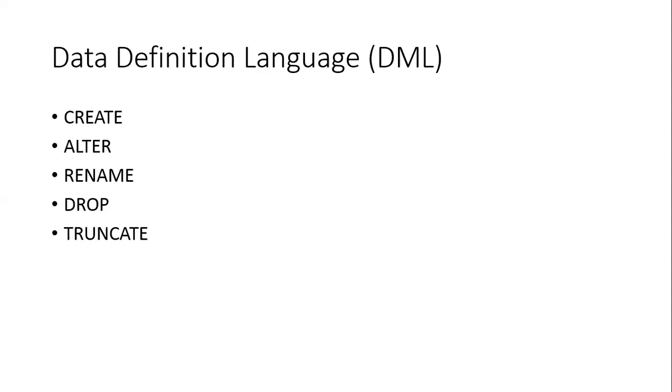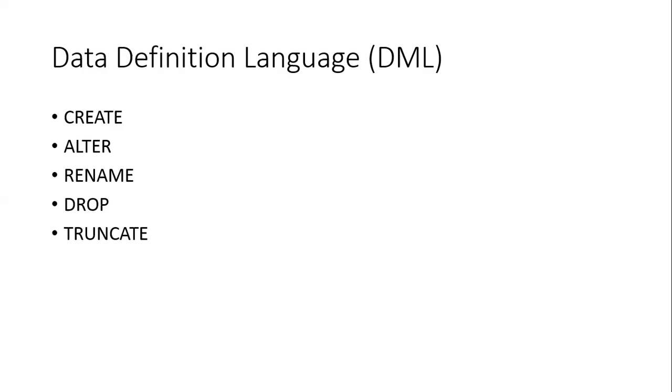The first category we call the data definition language statements. I know I've mentioned this to you before. In this category, we have the create statement, alter, rename, drop, and truncate statements. What do we do with create statements?